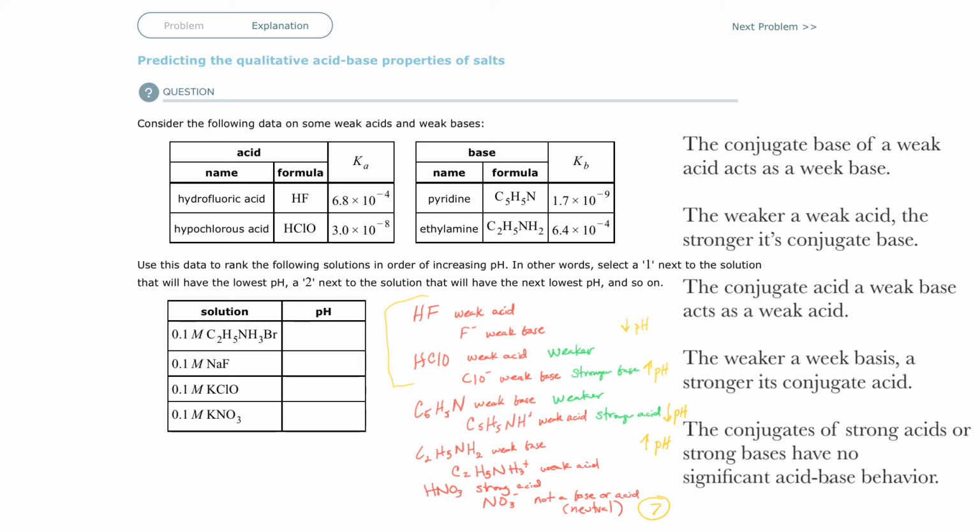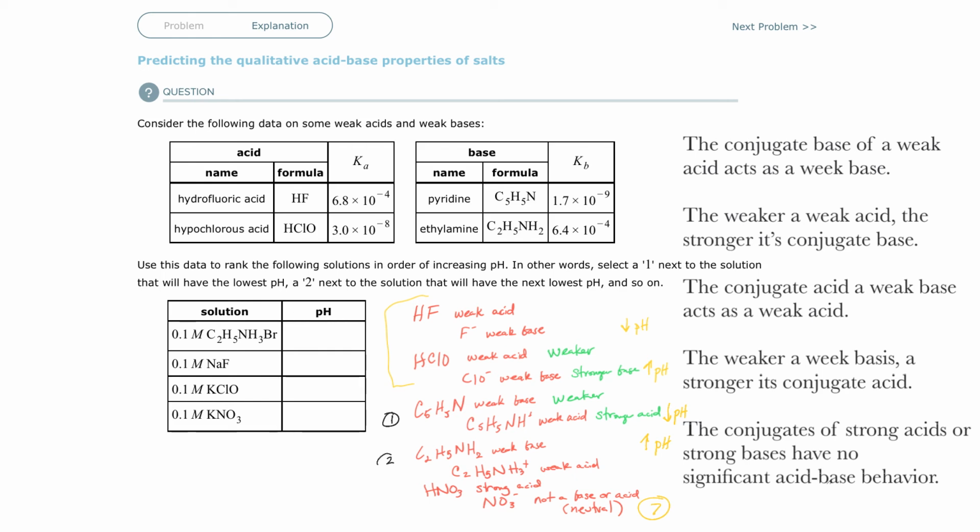Now rank them in pH. Now you have to do your acids first. Okay, you would do your acids first. So what's that going to look like? Your lowest pH is going to be this one. And then we need the next higher pH, which is also an acid.